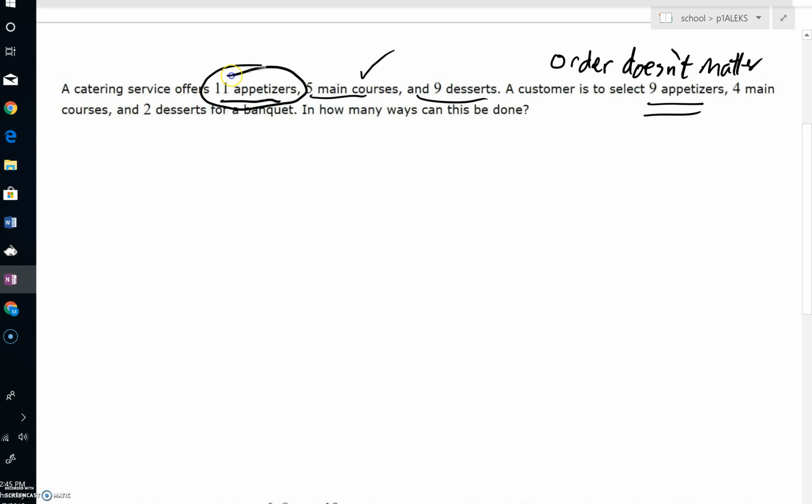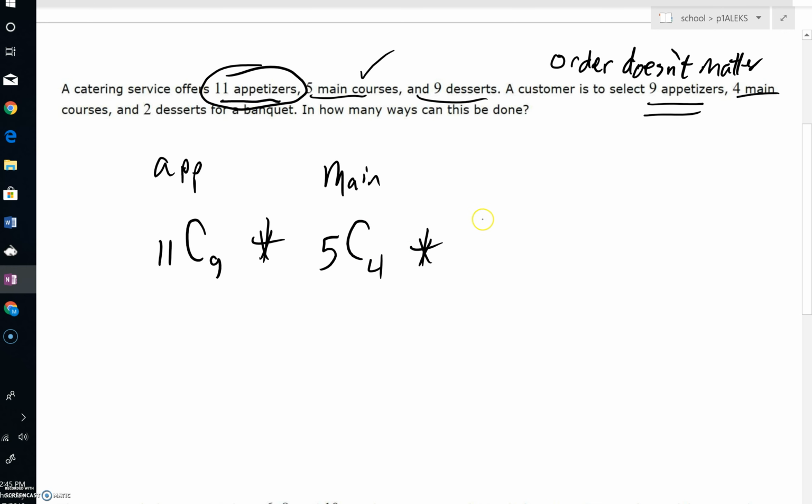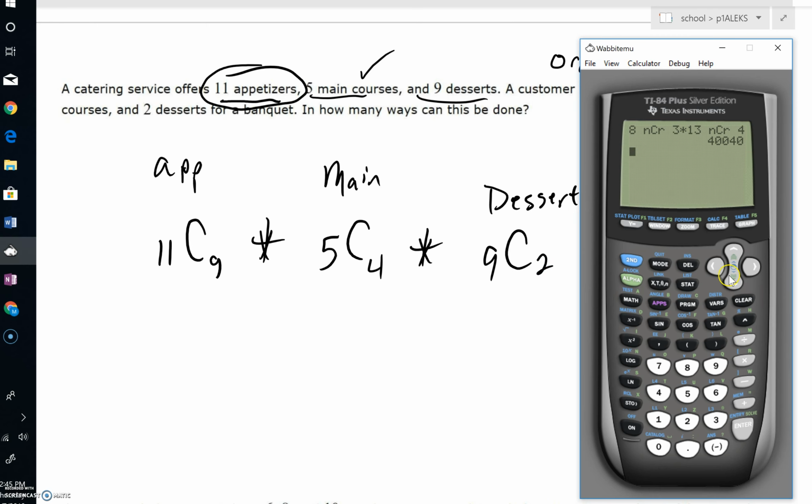Here's what's going on. You've got your appetizers, right? You've got 11, but you're going to choose 9 of them. You've got your main courses. You've got 5 of them, but you're going to select 4. And then you've got your dessert. And you've got 9 possible choices, but you're going to select 2 of them. Guys, as you work this out, you can just see 11 and we can get our combination here.